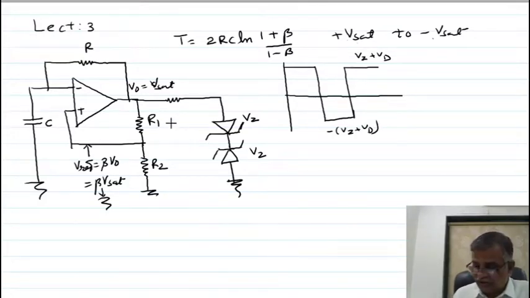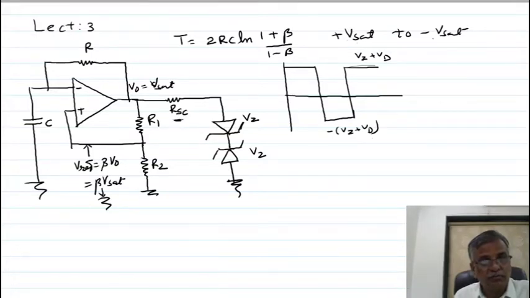If you want to change the magnitude of the amplitude of the output voltage, you can connect Zener diodes back to back as shown in the figure. So positive is Vz plus Vd, and negative is minus into bracket Vz plus Vd.